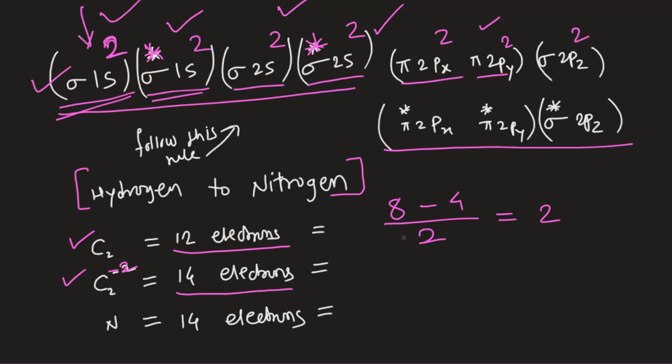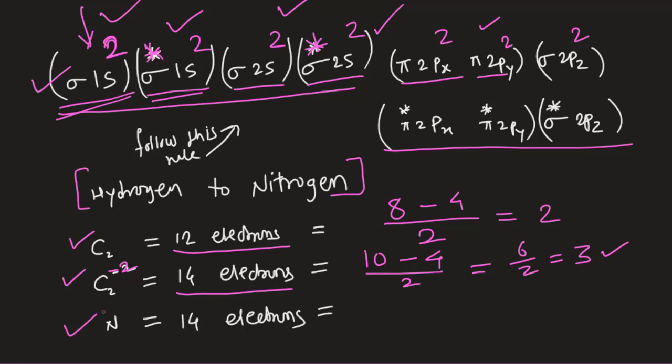So there will be 10 bonding electrons and 4 anti-bonding electrons. So it will be 6 by 2, that is 3. So the bond order for C2 minus 2 is 3.